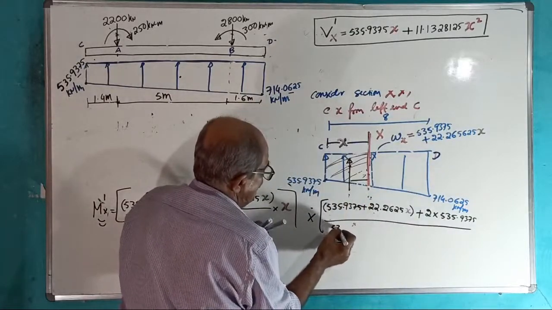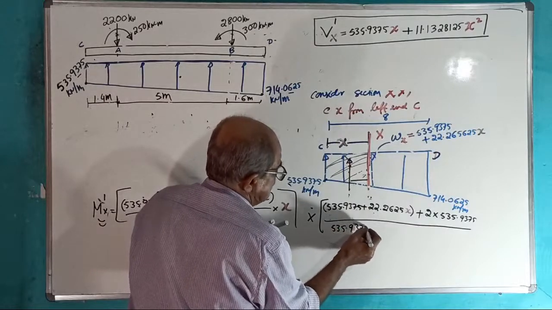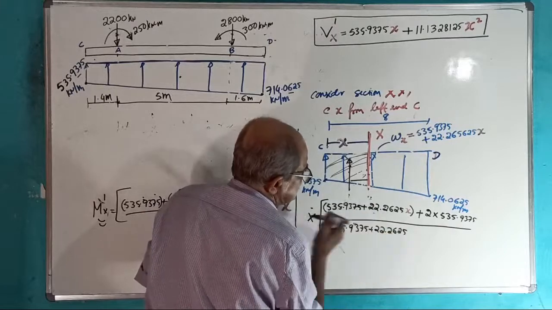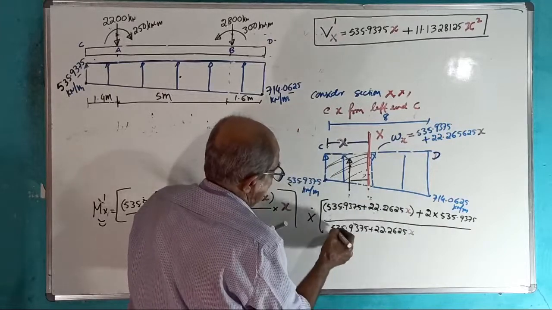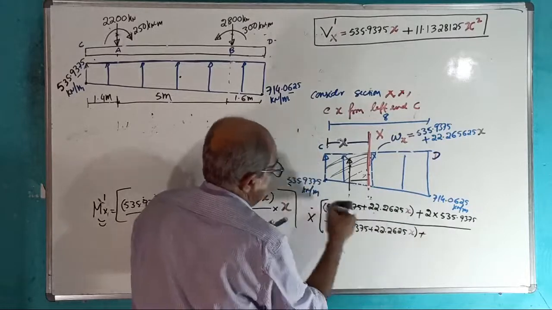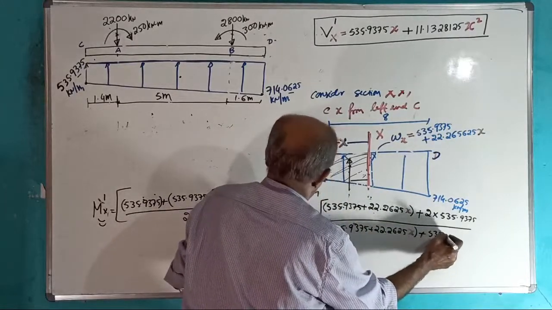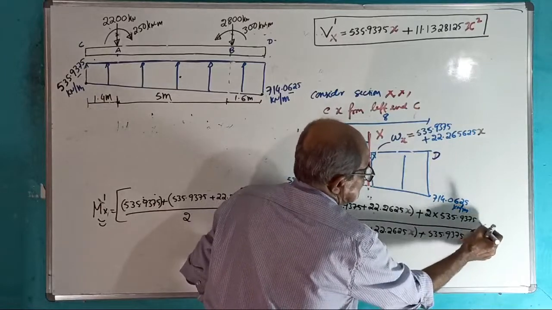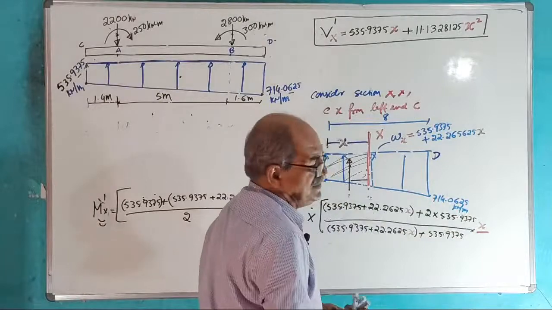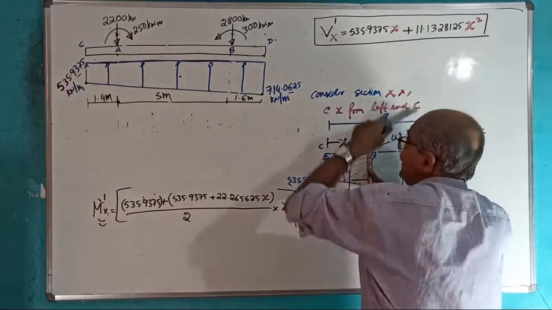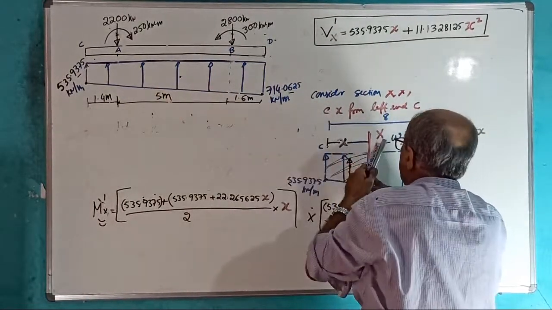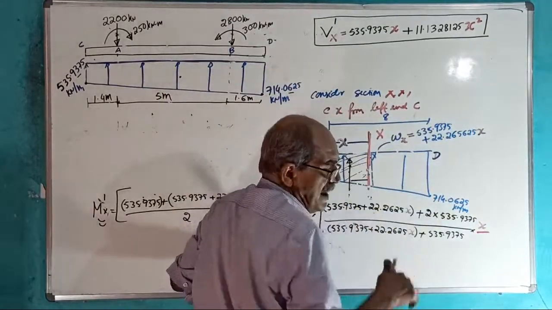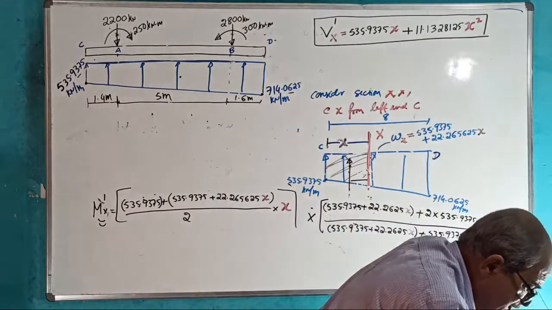It is 535.9375 plus 22.265625 times x, that side plus this side, 535.9375 into x divided by, tell how much, if you are here, this side plus twice of that side divided by this side plus that side into the distance between the two sides divided by 3.